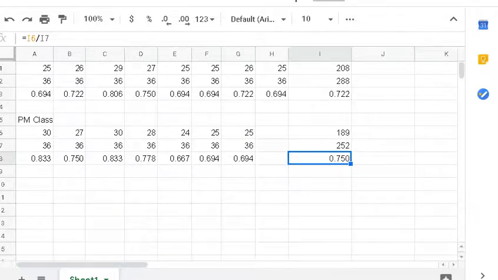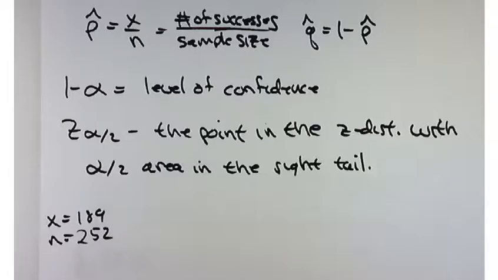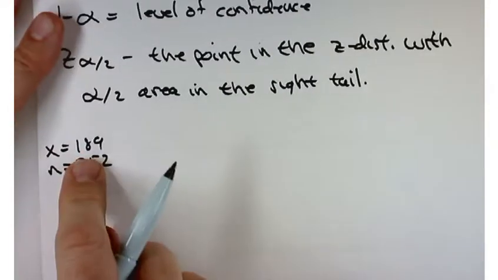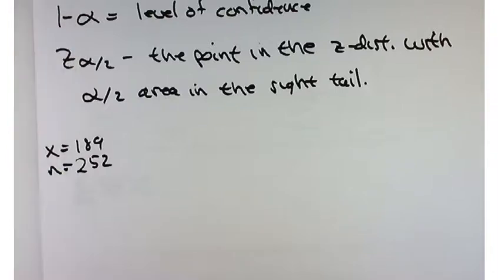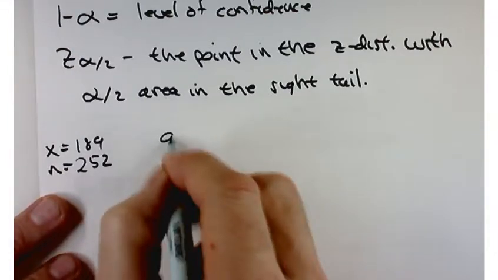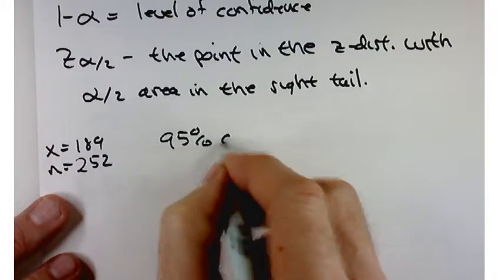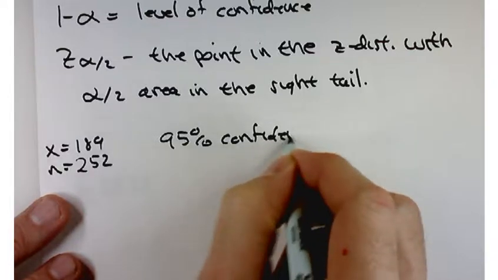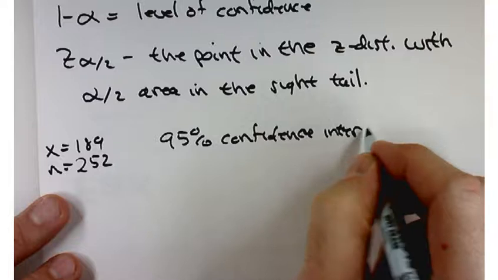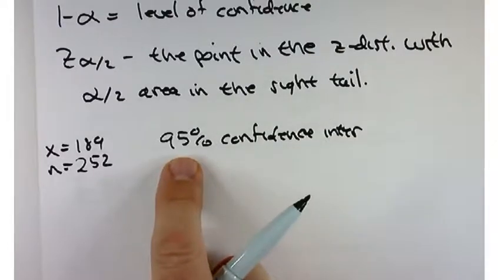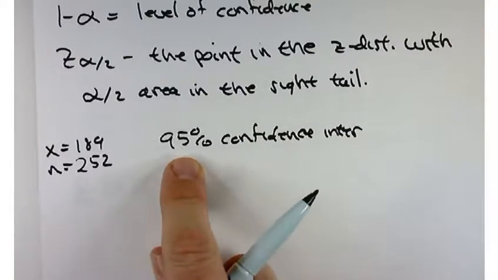So it would look like this. X is 189, N is 252. We're gonna create a 95% confidence interval. 95% and 99% are the gold standards. You typically use either one or the other.